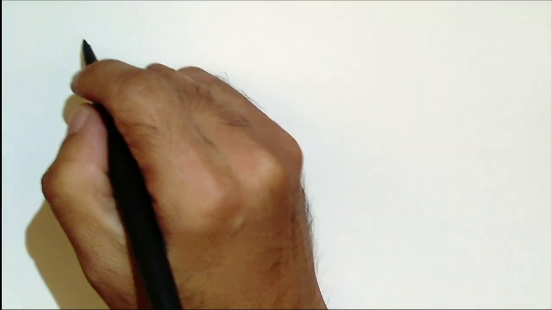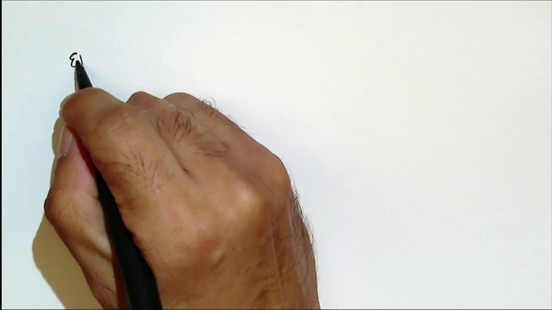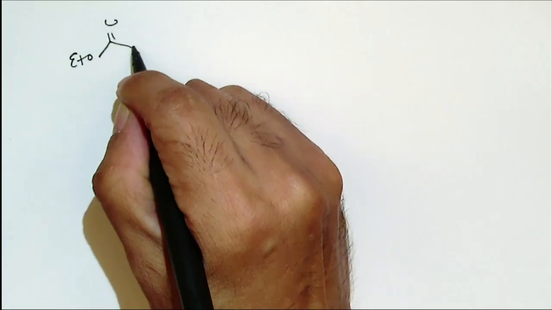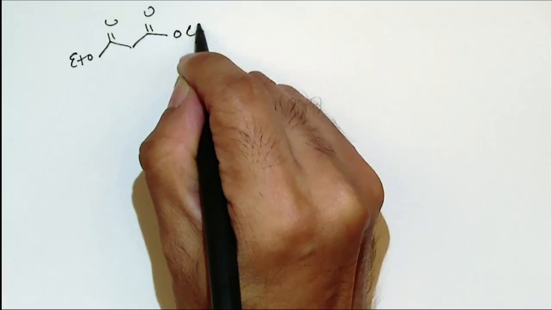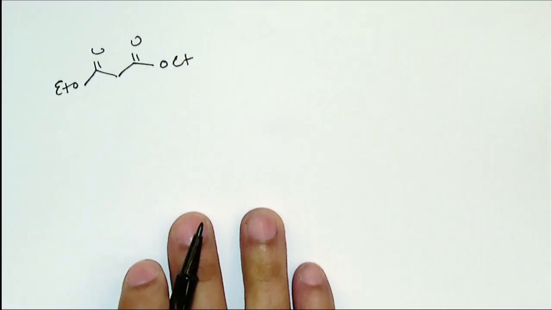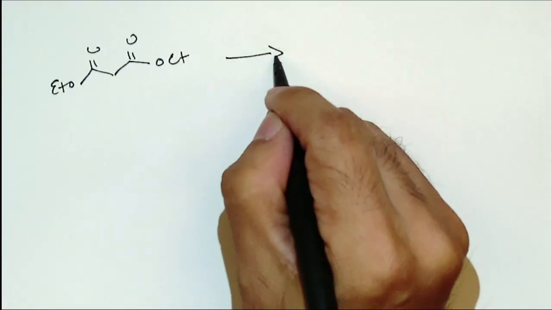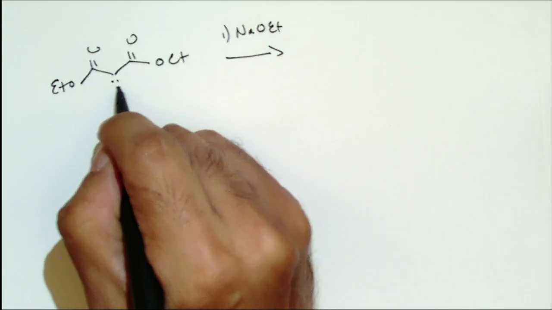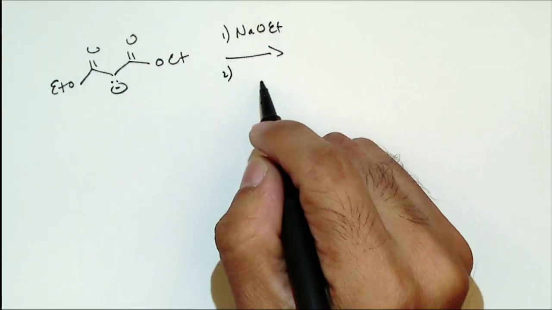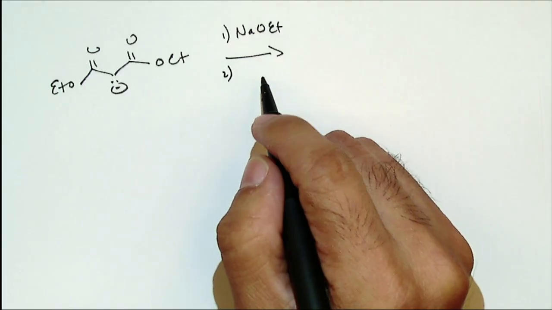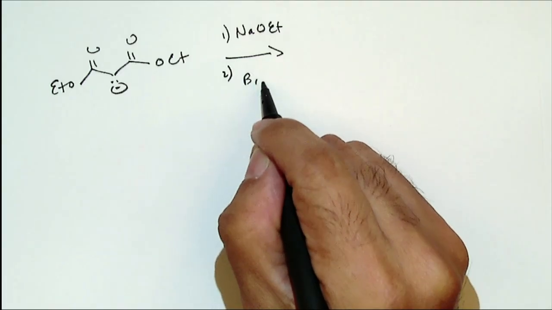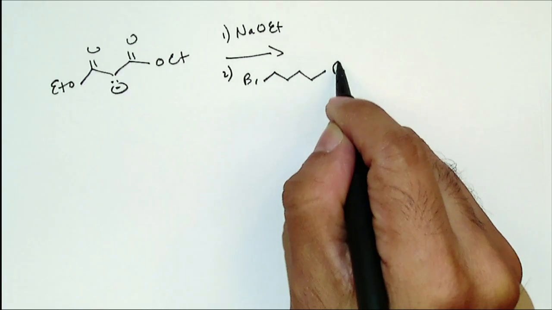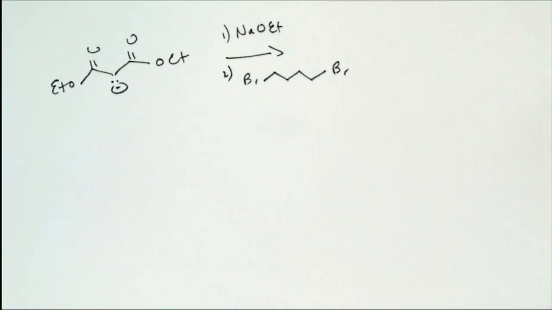Now, here is a version of this reaction. So if I have my malonic ester, and what I do here is I treat this with sodium ethoxide, so I'm going to deprotonate, and then I treat this with the following: 1,4-dibromobutane.